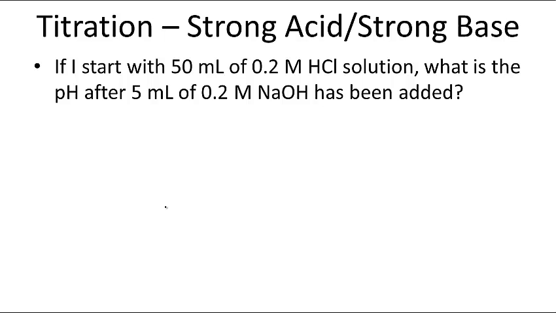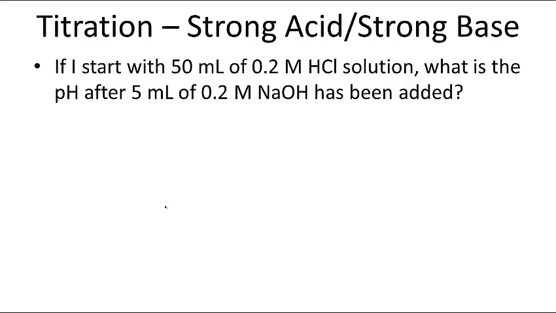So now let's say I start my titration, and I'm adding NaOH to this solution. So I'm titrating a solution with 0.2 molar HCl, and I'm adding 0.2 molar NaOH. So I want to know what's the pH after 5 milliliters of 0.2 molar NaOH has been added. This is actually a pretty complicated question.